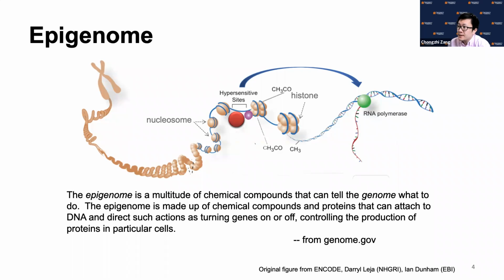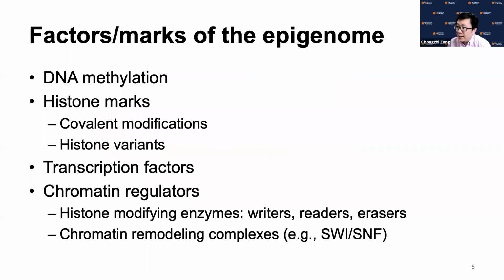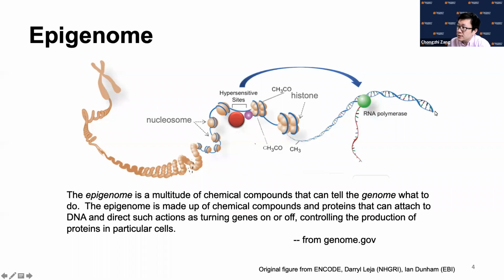This packaging process is done by interaction between the DNA molecule and various types of proteins. These proteins, as I mentioned, include chromatin proteins such as histones, as well as other proteins that are directly or indirectly associated with the DNA, including transcription factors. All of these protein factors can be subject to chemical modifications.